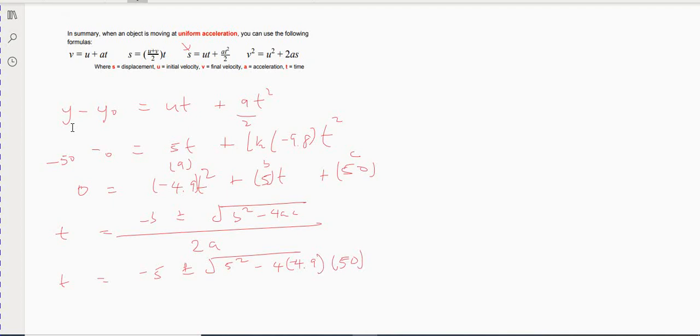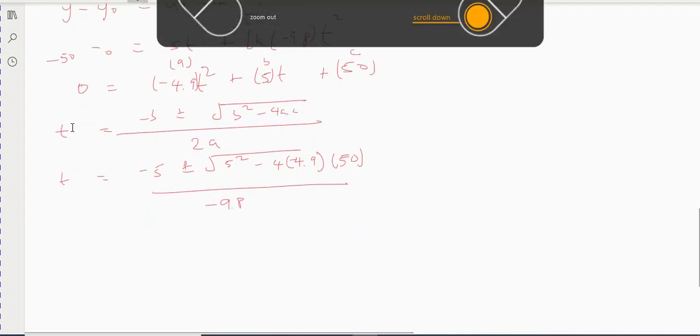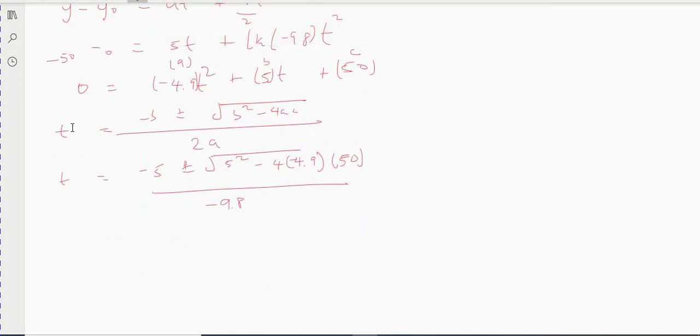And with that being said, we divide that. So what we're left with now is negative 9.8 in the denominator. With that being said, guys, we can now pull things together.